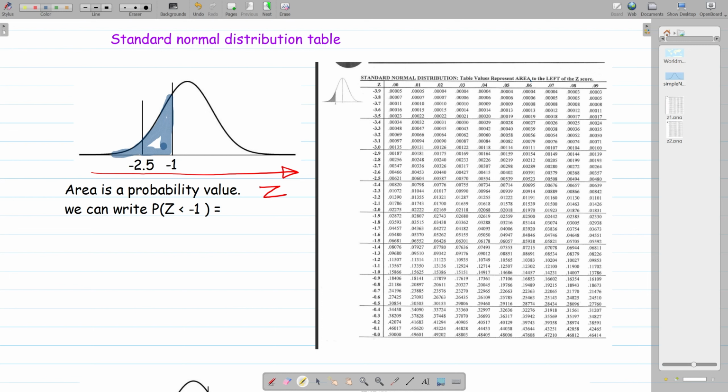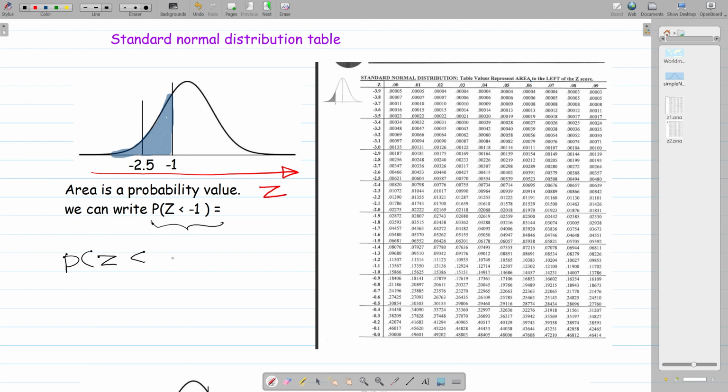You know that we can take this area directly from the table because the table directly gives the left side area values to some z value. Now our z is -1. So how we can write that down is the probability that Z is less than -1.